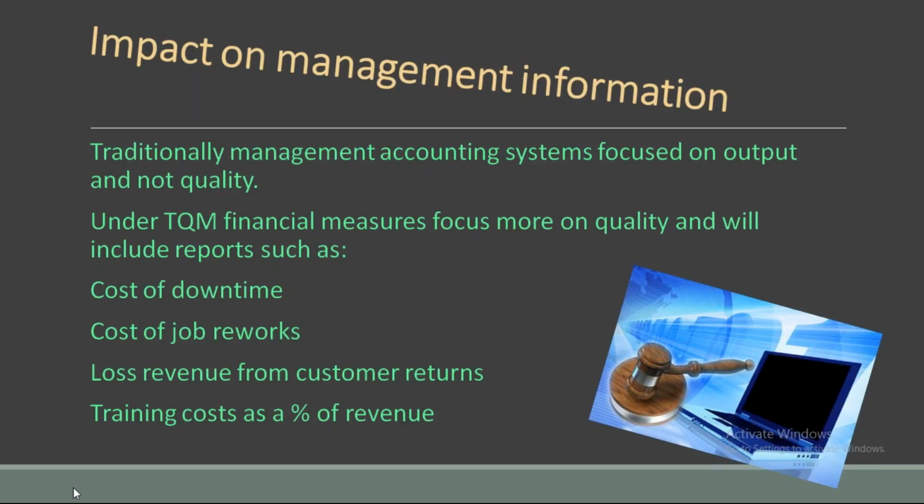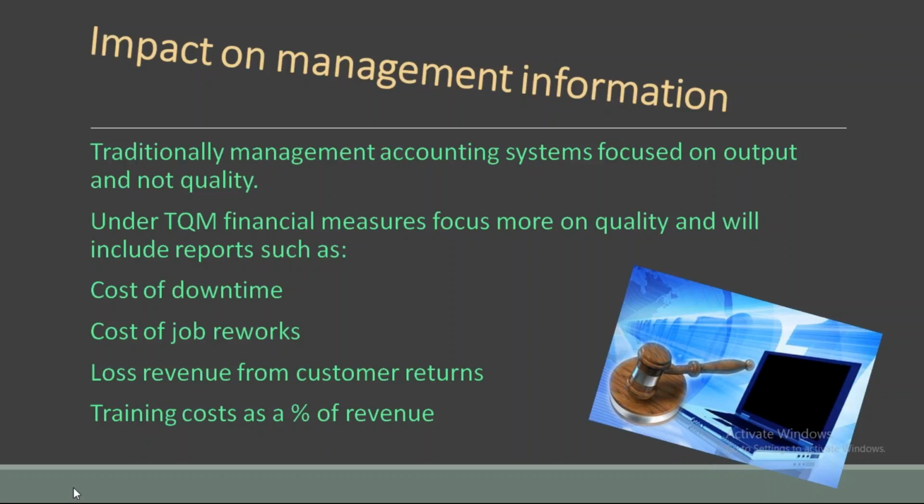But today, it's not the 100 or 110, it's how much good quality product came in, how much went on rejects, how many customer complaints. So now the new management accounting measures will focus on quality and will include reports such as cost of downtime.